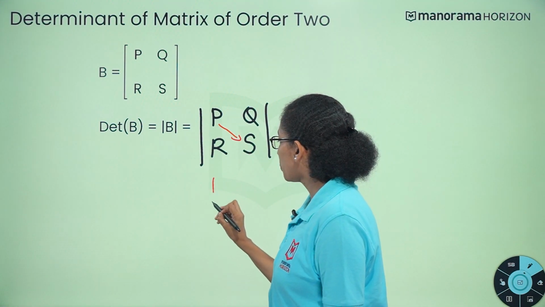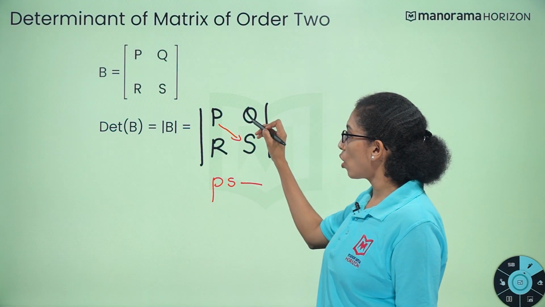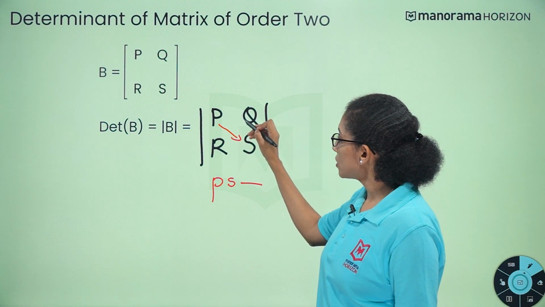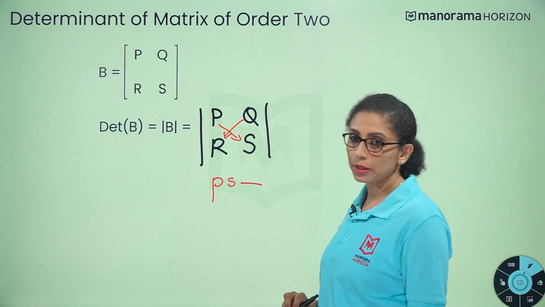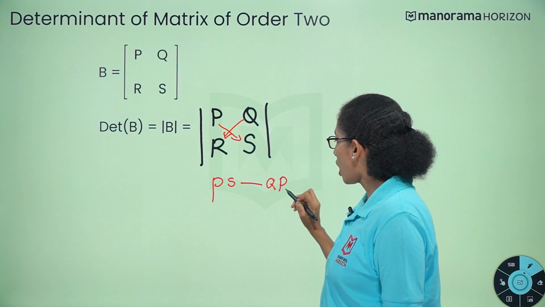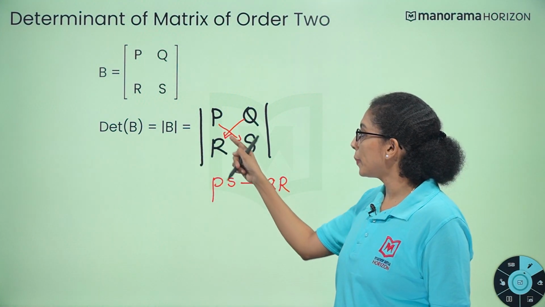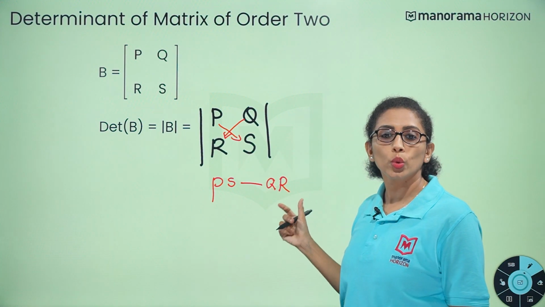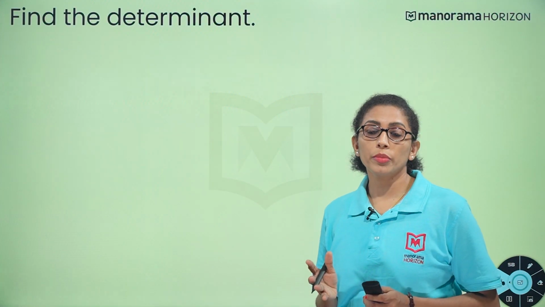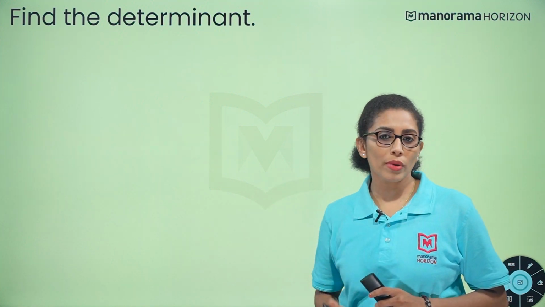So, we get P into S minus, now what is left? Q and R. So, go diagonally, multiply. So, we get Q into R. So, the determinant of B is equal to PS minus Q into R. Always remember the final result is a value. It can be a real or complex number.